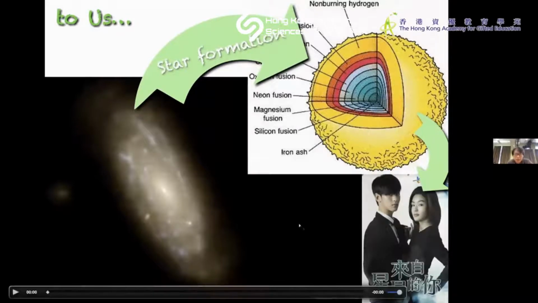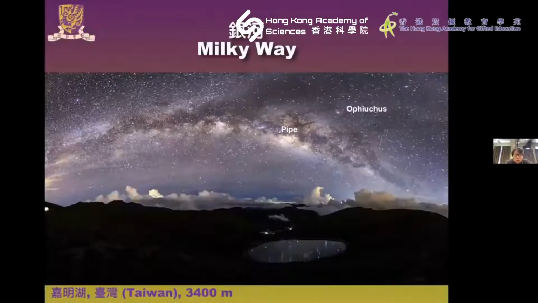Okay, so for star formation, we have to take a look at the stars, right? And this is a photo from a mountain in Taiwan, and you see the whole Milky Way. You can see very similar things if you go to the countryside during a summer night.